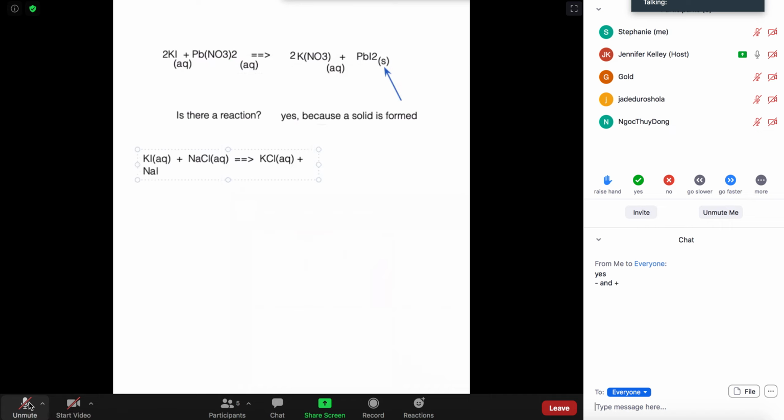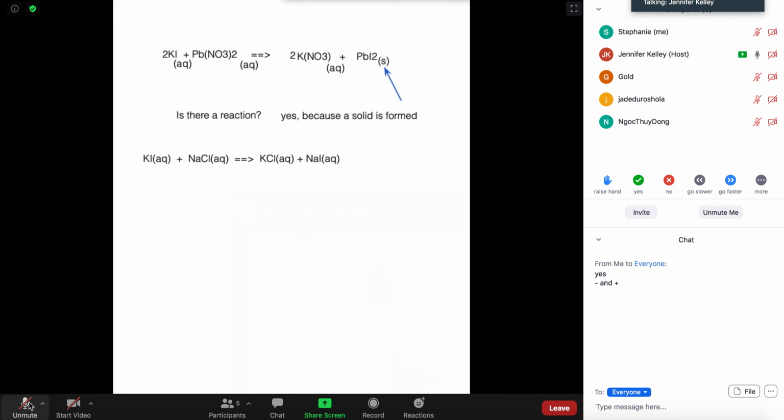Chlorine is always aqueous unless it's mixed with certain things, and potassium isn't one of them. Since all of these are soluble and would have been listed as blue, that means they're aqueous.